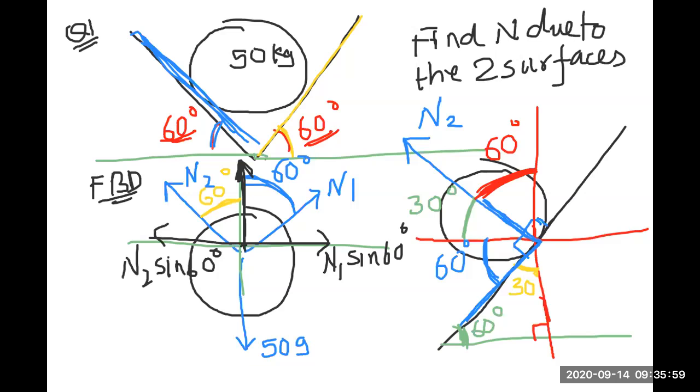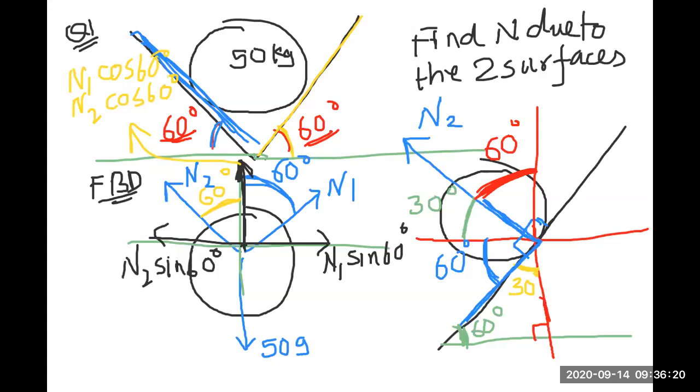Okay, so since we have equilibrium, right? Let me just ये arrows की value में लिख दूँ कहीं पे. ये arrows की value is n1 cosine 60 degrees and n2 cosine 60 degrees.